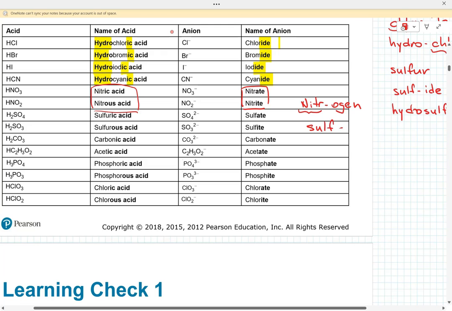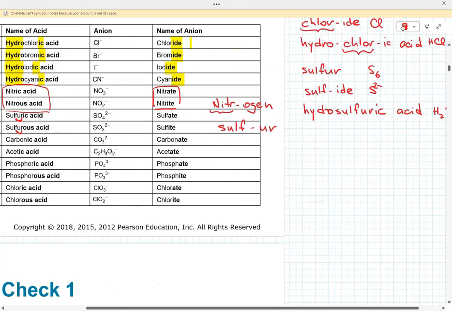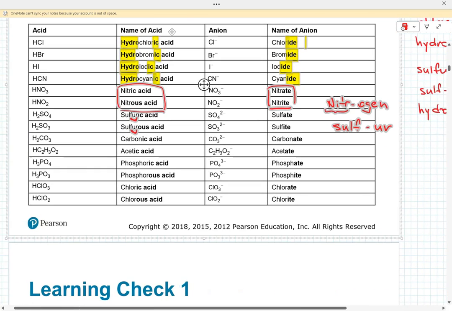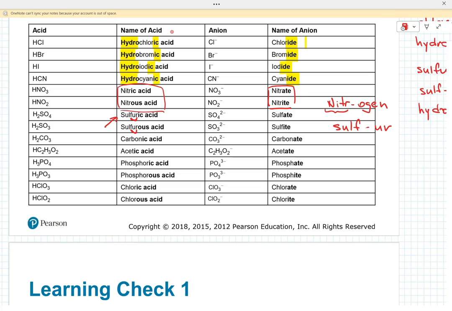First syllable is sulf, right? And it works perfectly fine with a sulfate or sulfite. But when you transition into the acids, you return to the full name of an element. You see that? Sulfuric acid. Same way you return to the full name of an element here. Not hydrosulfic, but hydrosulfuric. Not sulfic or sulfous acid, but sulfuric and sulfurous acid.